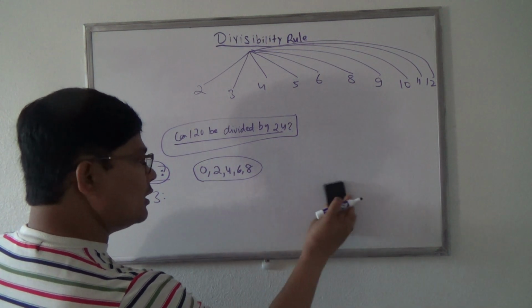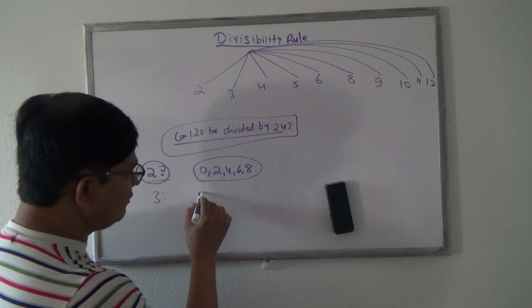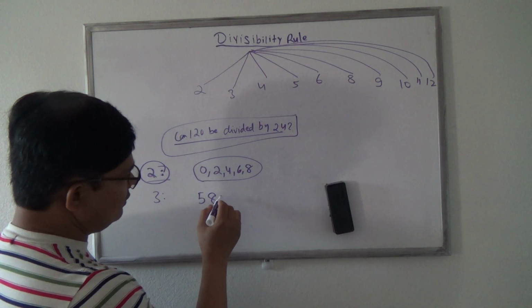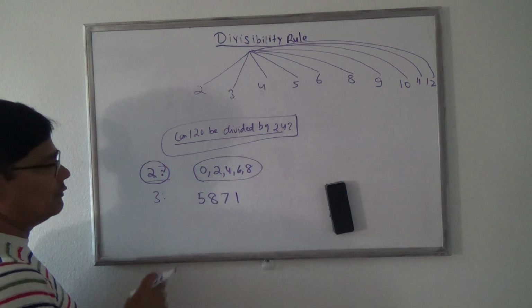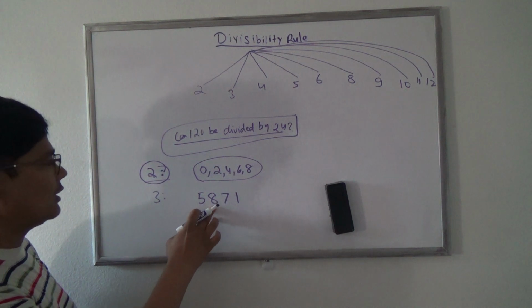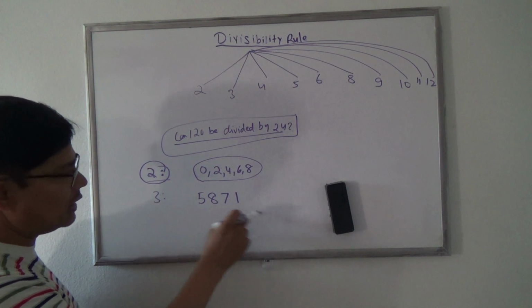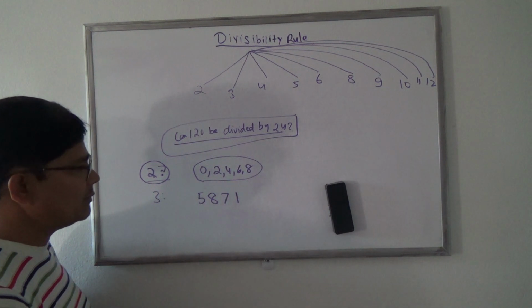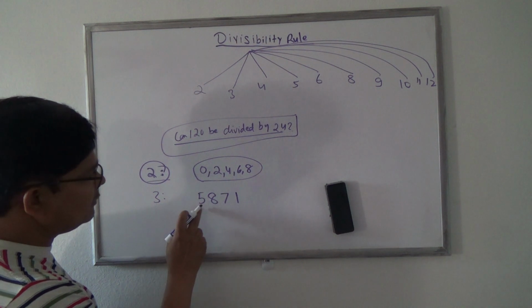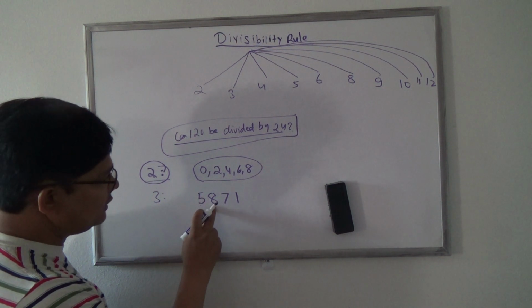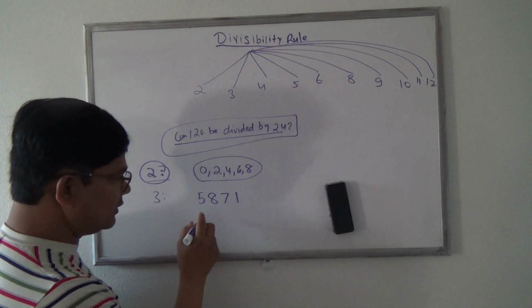So it's very simple. Just take the sum. Let's say you have a big number, 5871. If I ask you, can this number be divided by 3? It's a big number. If you start dividing, it will take several minutes. But what is the shortcut? Just take the sum of these digits. 5 plus 8 is 13, 13 plus 7 is 20, plus 1 is 21.